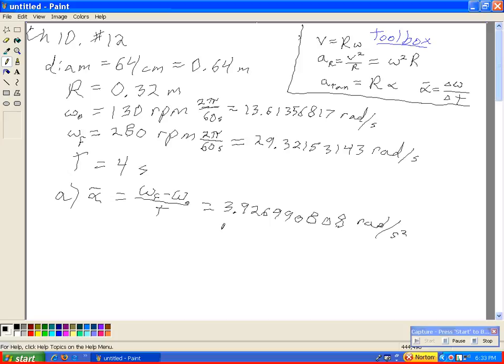Now, significant figures ask for 2 digits, so let's do 3.9 radians per second squared. That is the average angular acceleration.